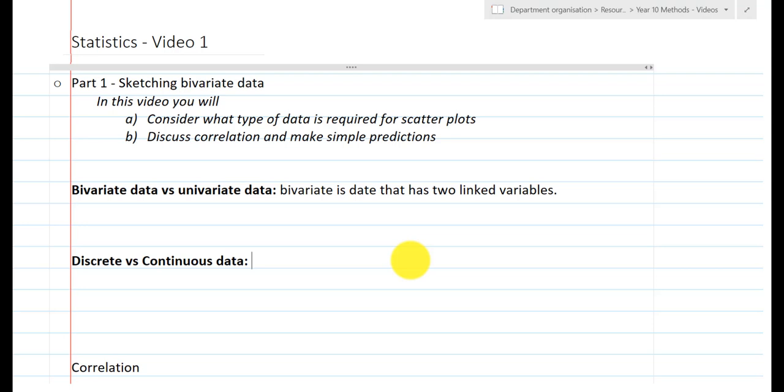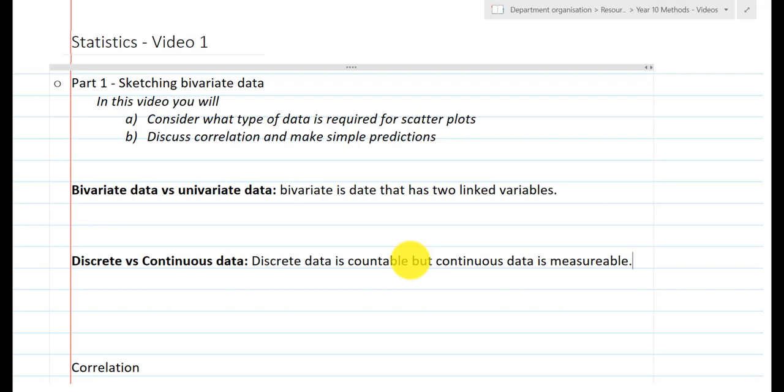So the definition is that discrete data is countable, whereas continuous data is measurable. What I mean by that is that discrete data is data that usually seems to be whole numbers only. So something you count. The number of students in a classroom, for example, maybe the number of chocolates you have in your fridge or something like that.